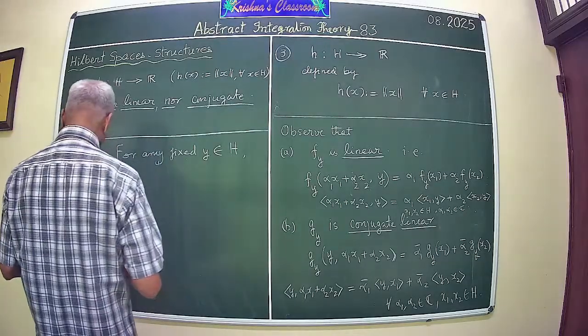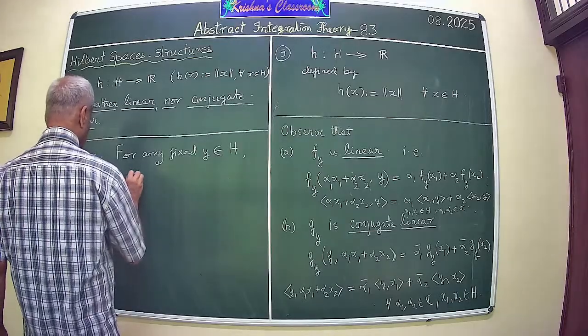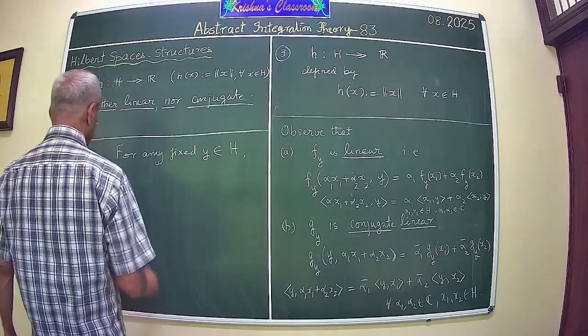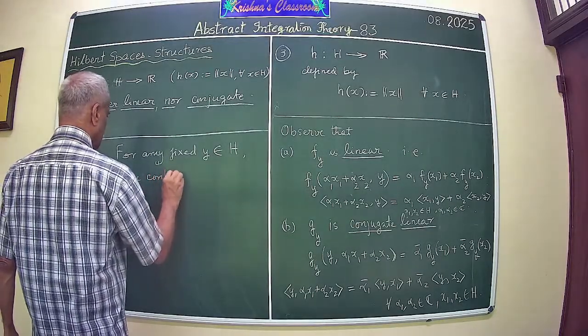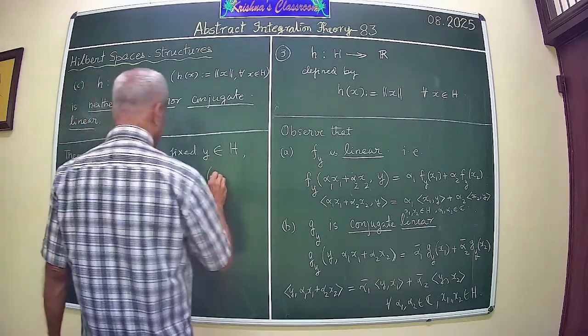Fy and Gy are continuous. In fact, uniformly continuous.